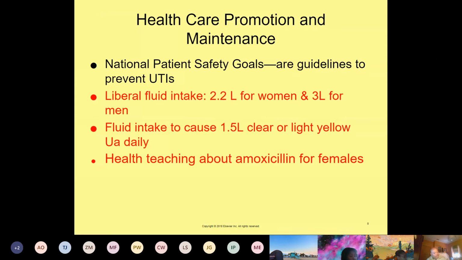For example, it suggests that women who take oral contraceptives use an additional method of birth control while taking this drug, because these drugs may reduce the effectiveness of estrogen-containing contraceptives. So if you take this amoxicillin along with these estrogen-containing contraceptives, you might get pregnant. Now that's the short of it, but it's a short piece of information here, so take a look at that.